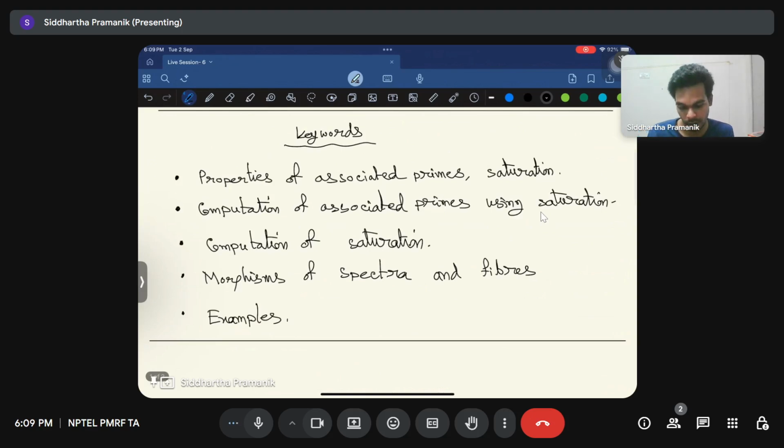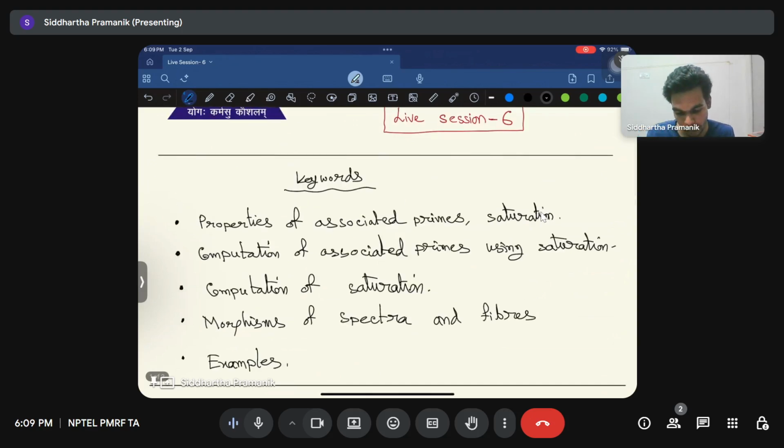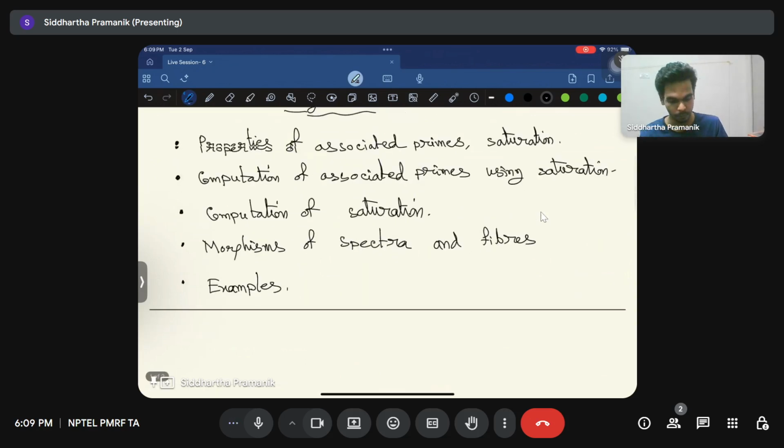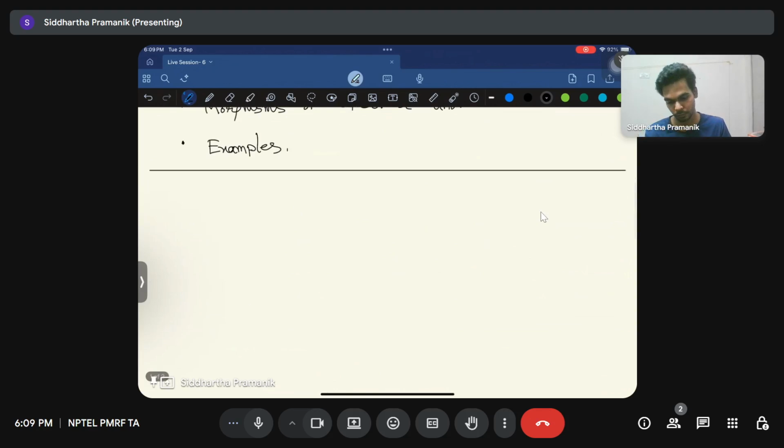Let's start by solving some problems based on these topics. So the first one is from the practice problem sheets, and the next problems will also be from the practice problem sheet.